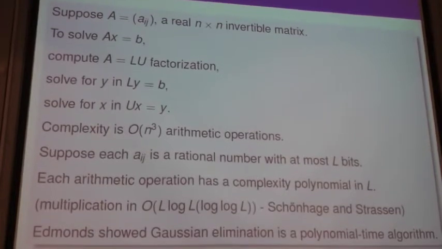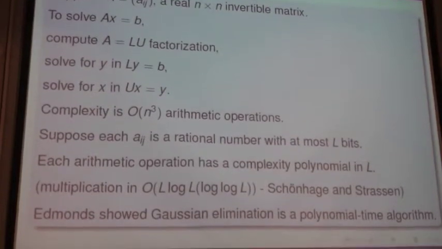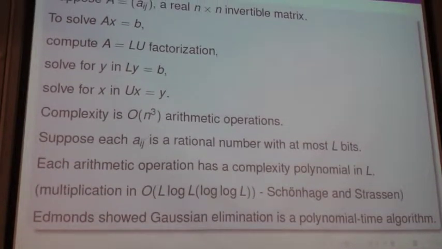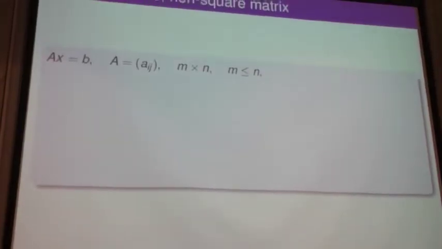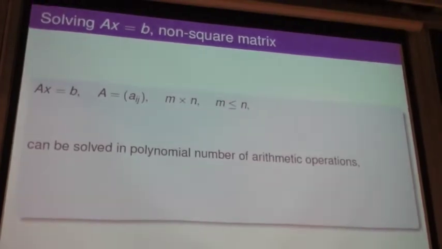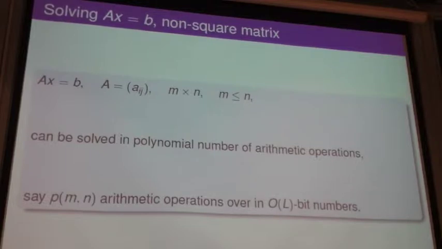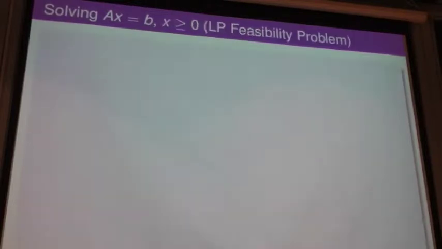Edmonds is credited to be the first one who showed that Gaussian elimination is actually polynomial-time. So we do n-cubed arithmetic operations over O(L)-bit numbers. If the matrix is not a square one, say m by n, then of course we can still do it in polynomial in m and n over O(L)-bit numbers.